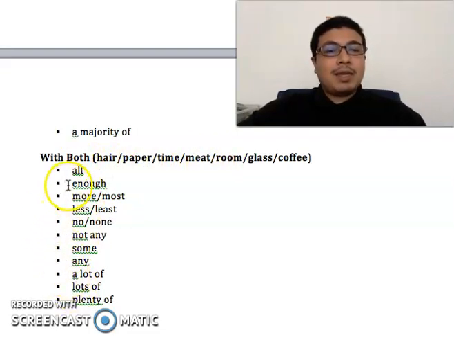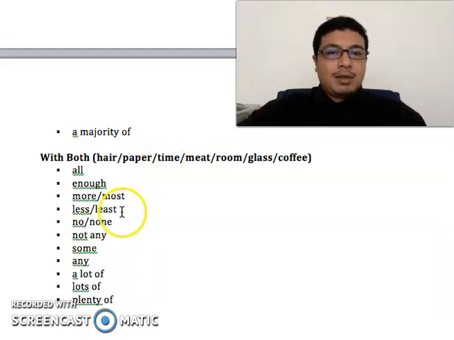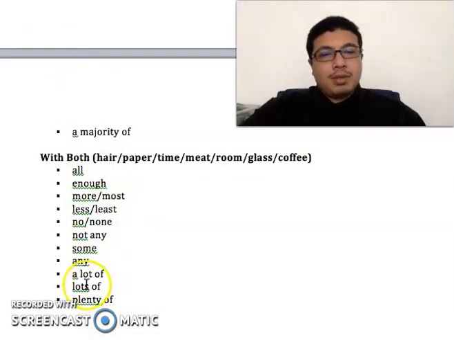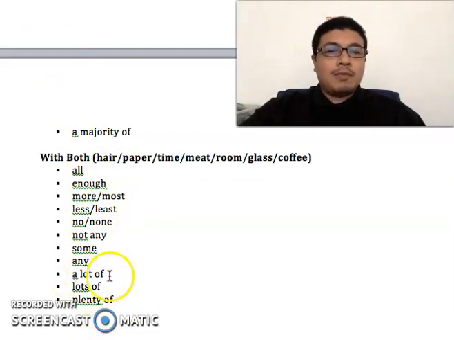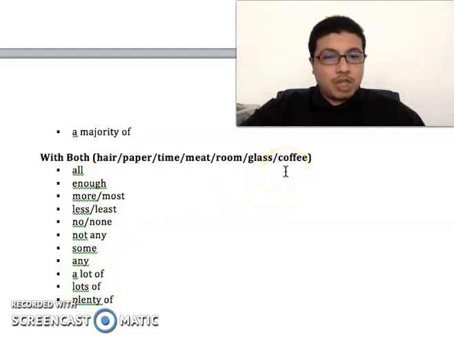I have enough paper for printing. I have more time to spend with my family during the quarantine. There's plenty of hair on your head. There are a lot of coffee left in the jug.